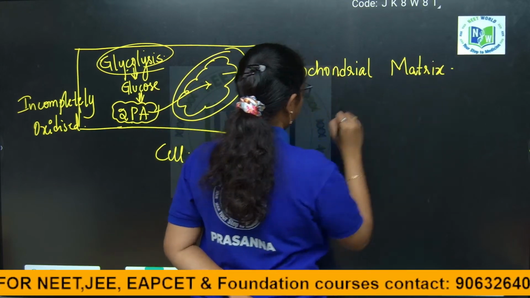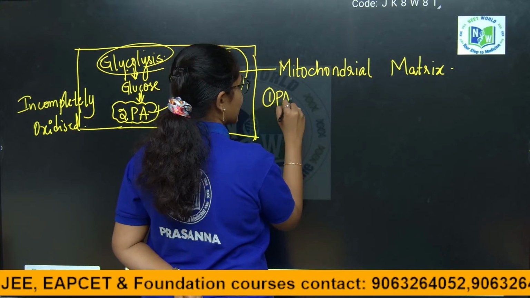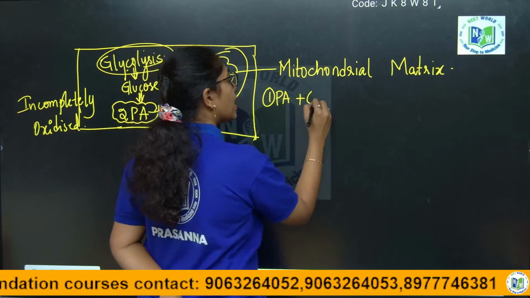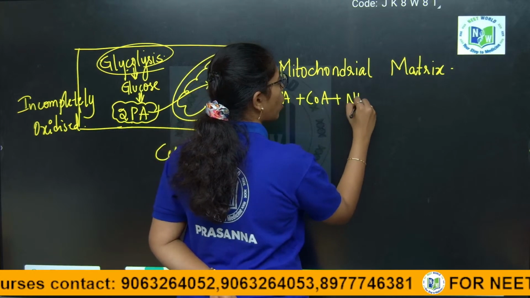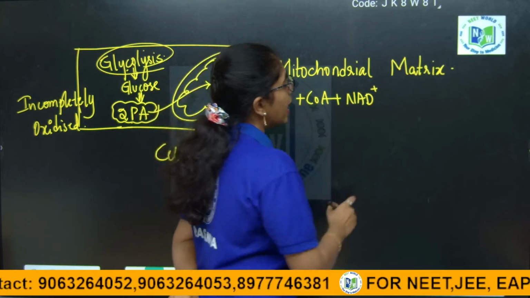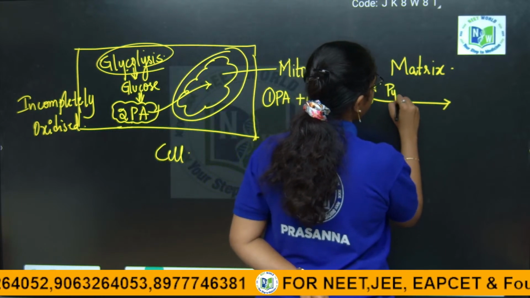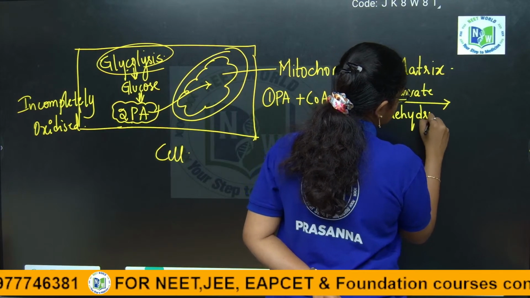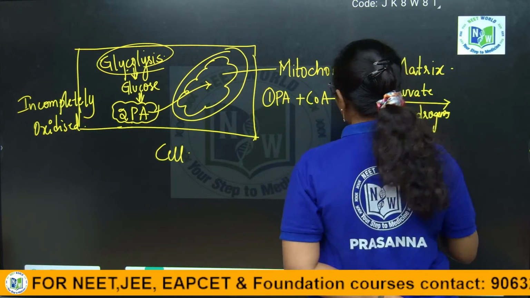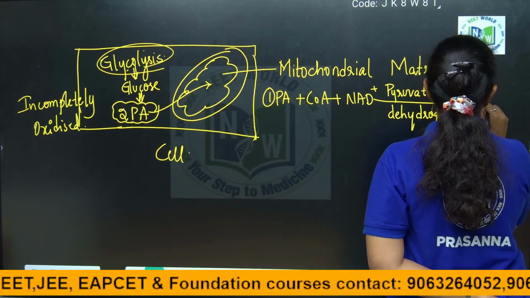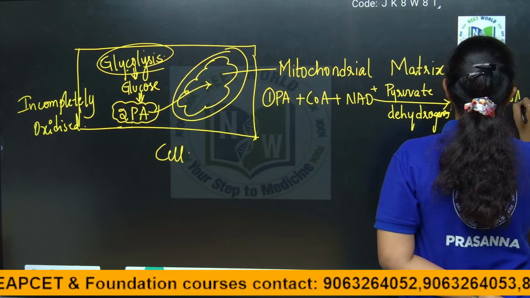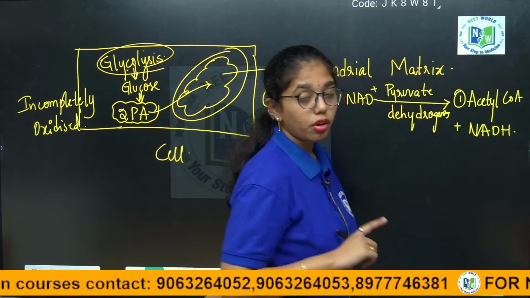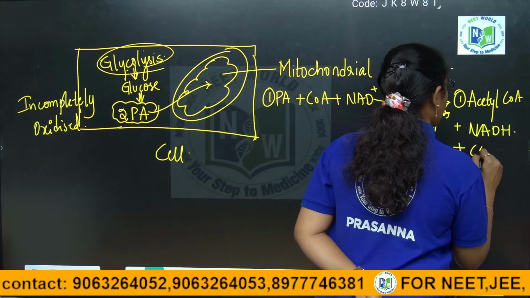Inside the mitochondrial matrix, 1 molecule of pyruvic acid is linked with coenzyme A and 1 molecule of NAD plus, these 2 coenzymes, in the presence of the enzyme pyruvate dehydrogenase, and it will release 1 molecule of acetyl CoA, followed by 1 molecule of NADH, and 1 carbon dioxide is released.